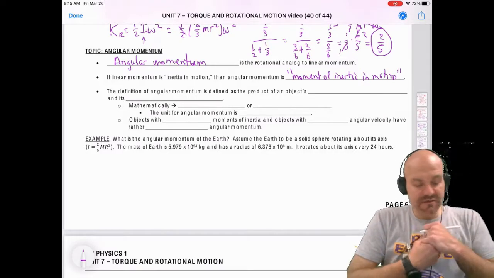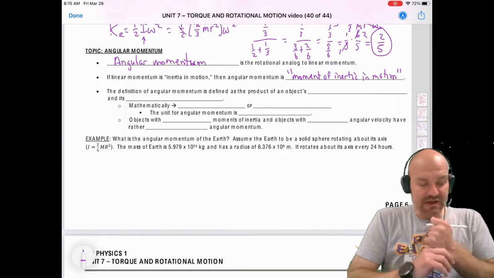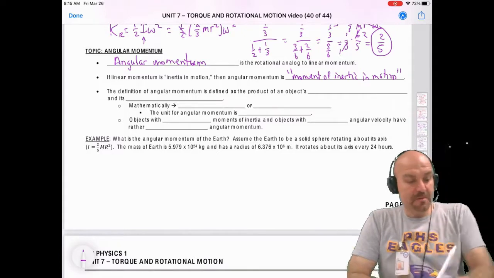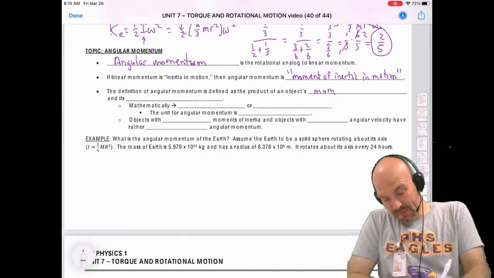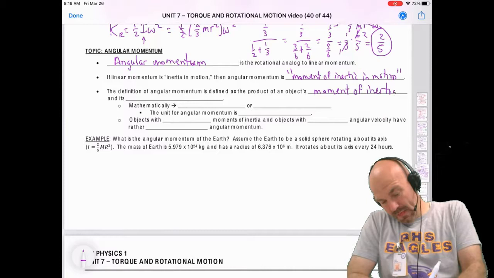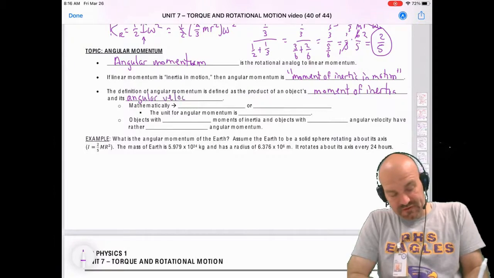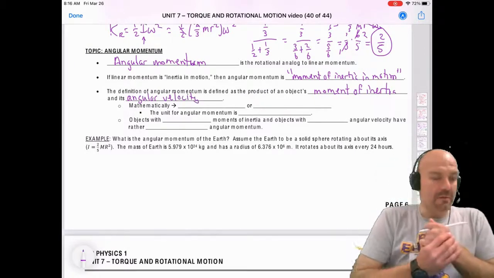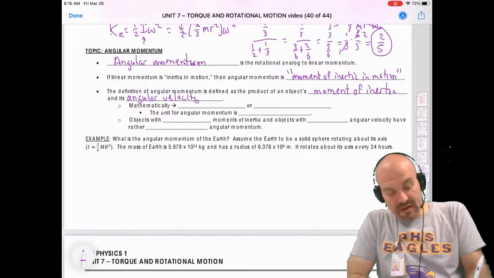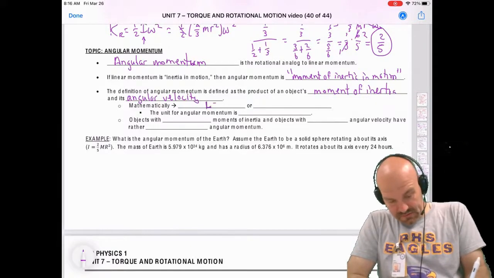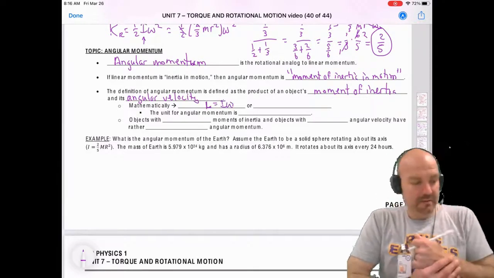And so angular momentum is defined as the product of an object's moment of inertia and its angular velocity. Mathematically, it's simply L equals I omega.